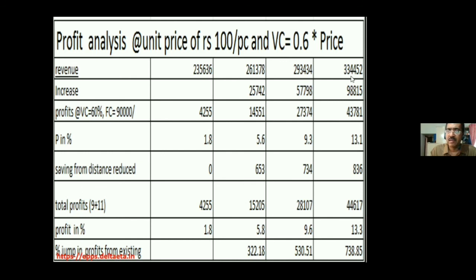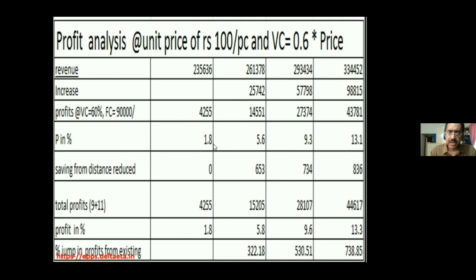And in the last case, after the fourth iteration, the revenue becomes 3,34,000, the profit goes to 43,781 and the profit percentage is 13.1.